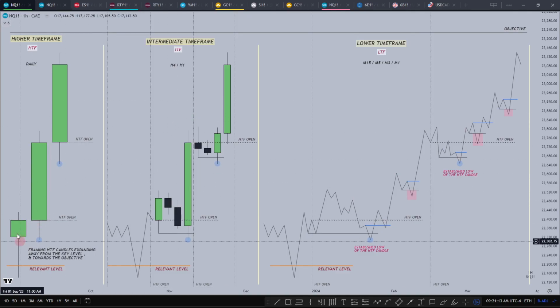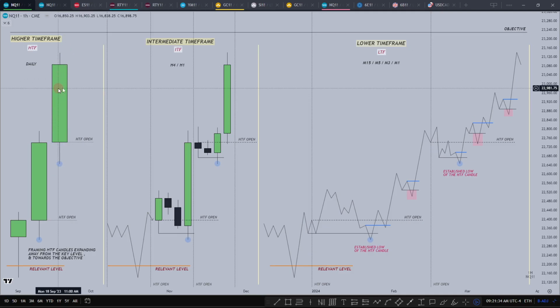High time frame, like using phases of price delivery and relevant swings, you people are able to frame high time frame candles expanding on the high time frame, right? This was the first task, and you people are now much more comfortable with framing high time frame candles. What am I saying?